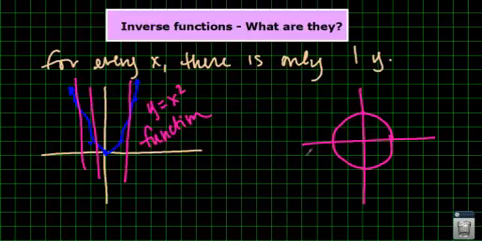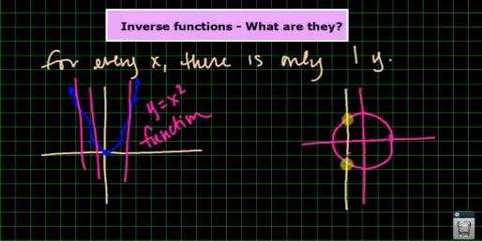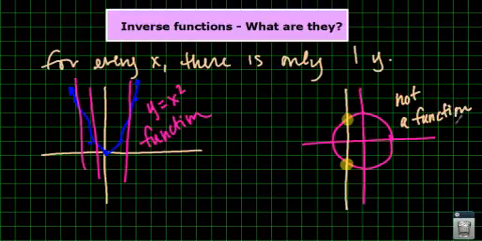If I try to pass the vertical line test, and we'll pretend that's actually a vertical line, you're going to notice my vertical line touches the graph here and here. That means that for every x value, there are 2 y values, which means this is not a function. So that's just a quick reminder of what a function is.